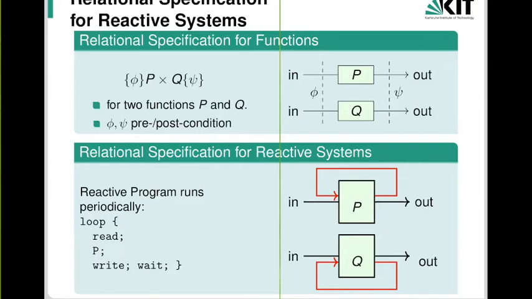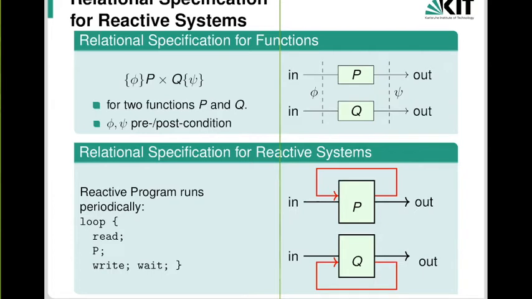In each of its execution cycles, it reads the sensor values from its environment, executes the internal logic, here denoted as P and Q, and computes the actuator values which are written on the bus system, for example, and then the system waits for the next cycle.